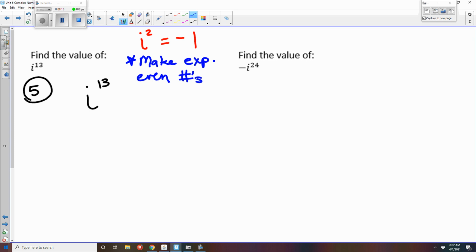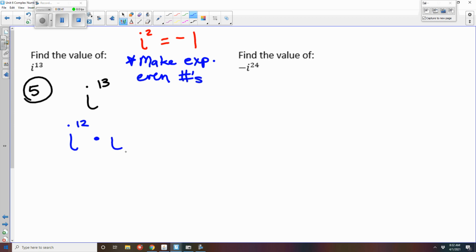If you look at it, my first one starts off with i to the 13th power. Is 13 an even number? No. So ask yourself, what's a number just less than 13 that is even? 12. So we're going to say i to the 12th power times. How many i's would I have left over? 1.